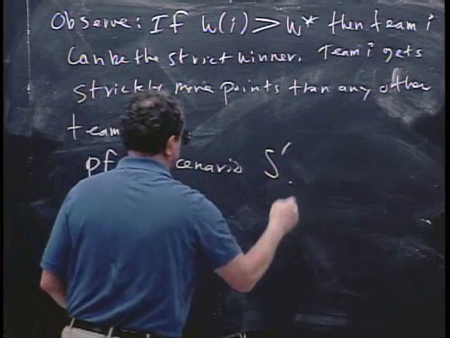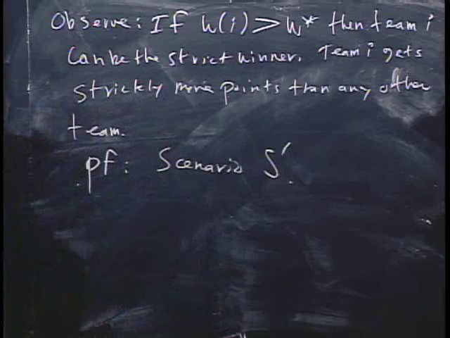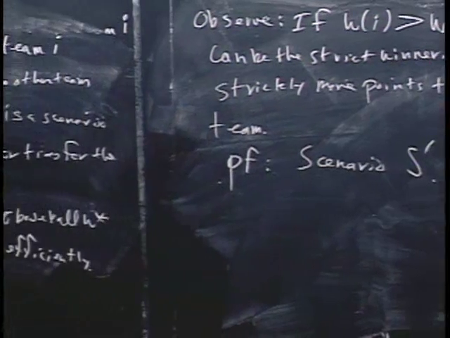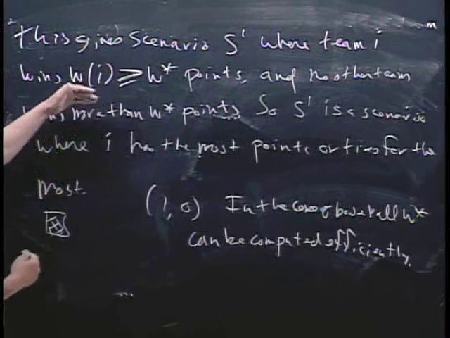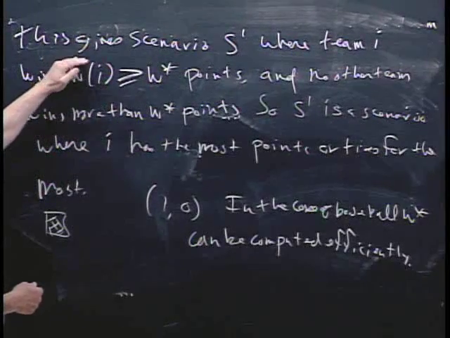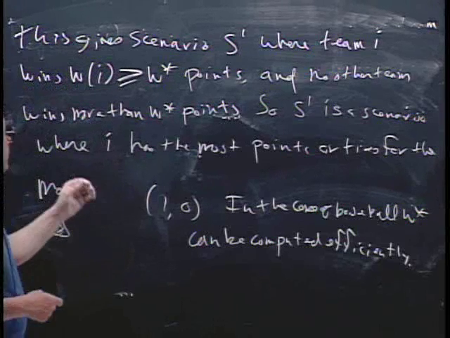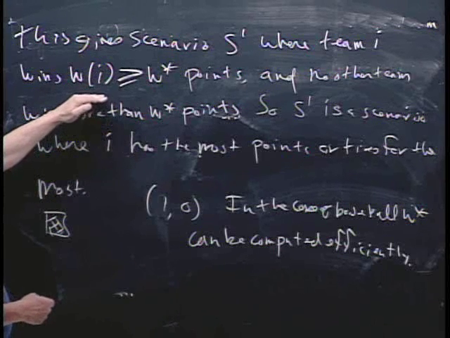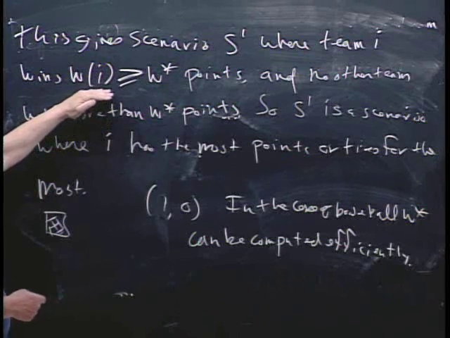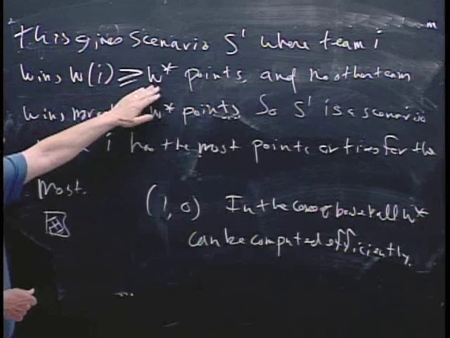S prime. Okay, so going back over to this board, we described a scenario, S prime, which was derived from S star, in which team I wins Wi points, and no other team gets more than W star.